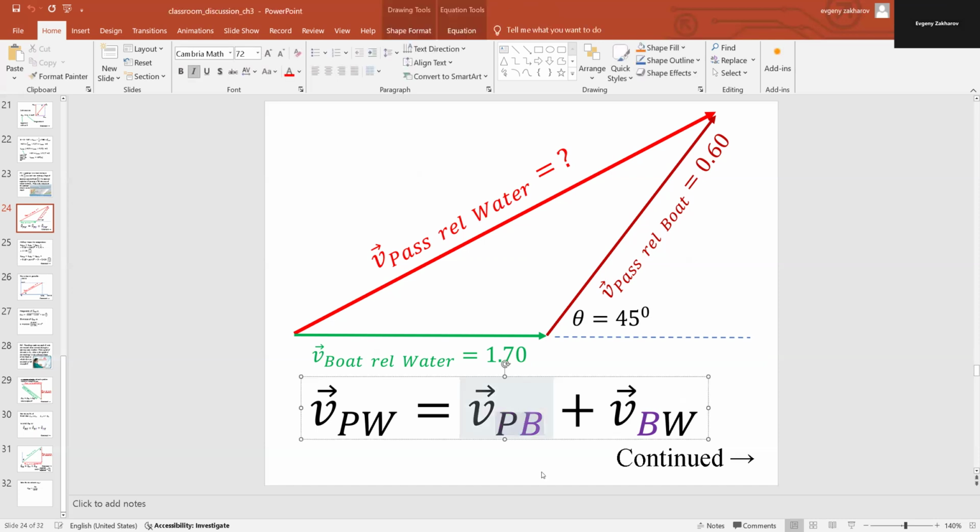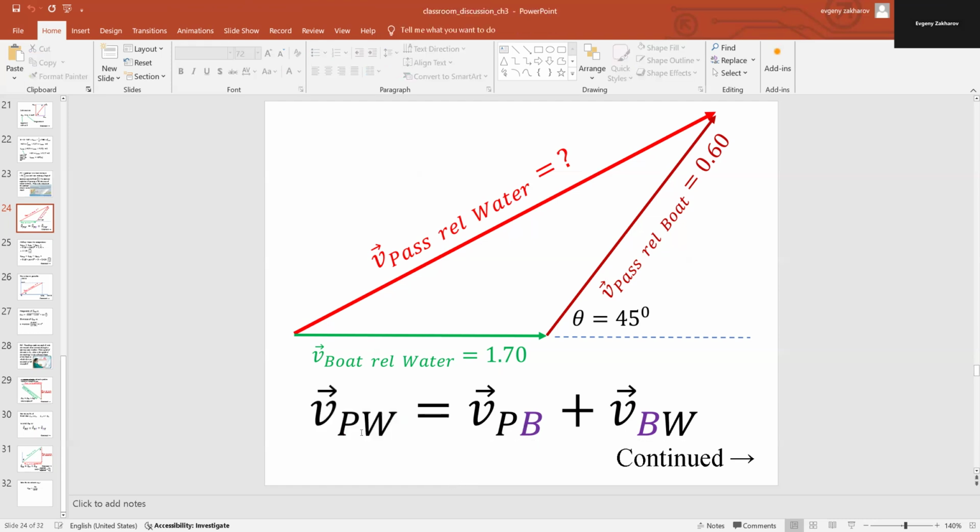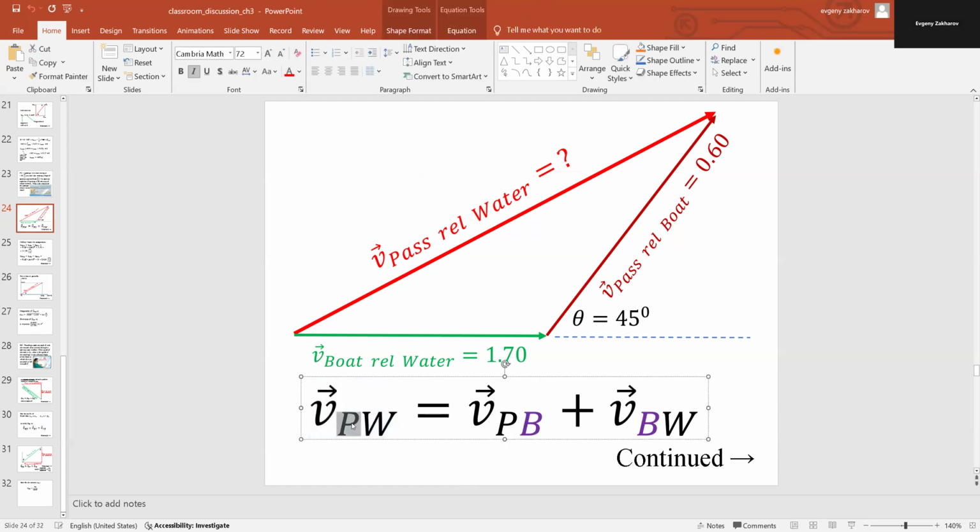So my Galilean transformation starts with what we need. What do we need? We need passenger with respect to the water. When you say the lake, well, lake is still, anyways, just passenger in the water. That's the resulting vector. And the first subscript P goes for the first spot on my transformation.